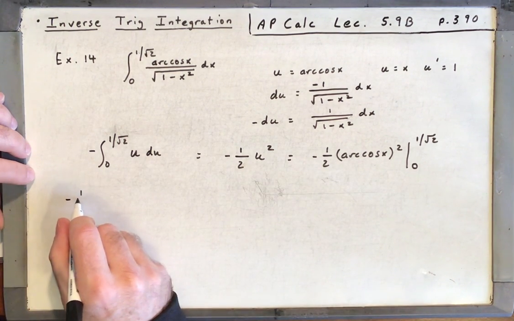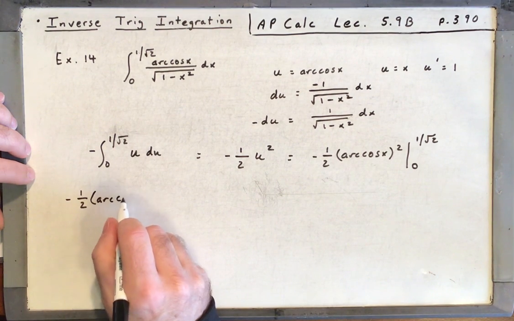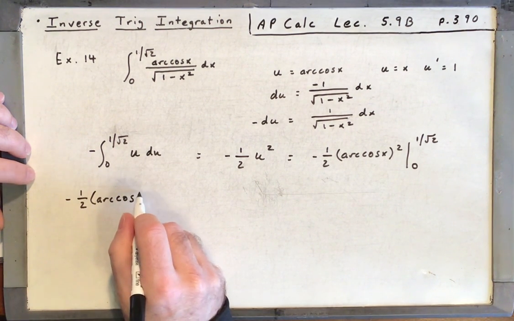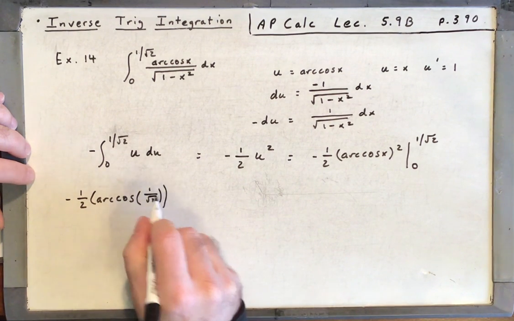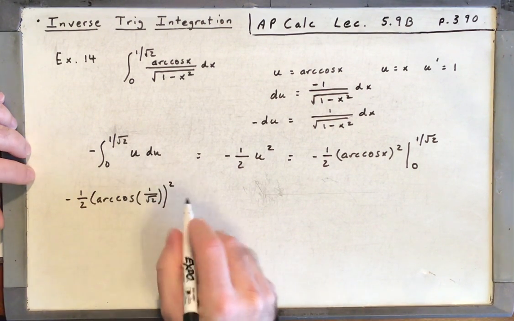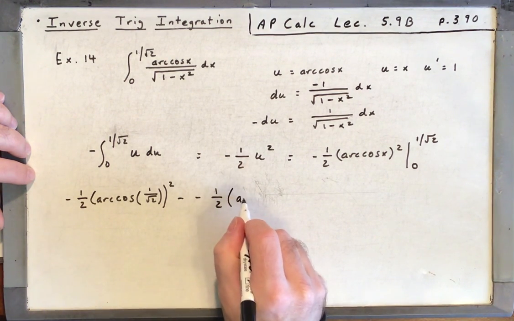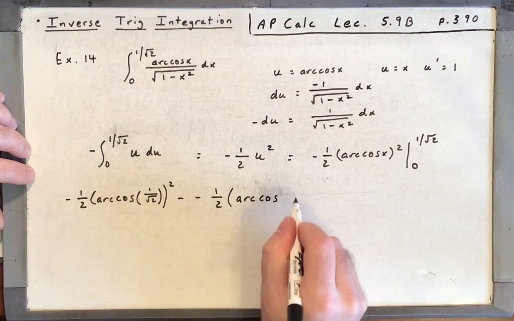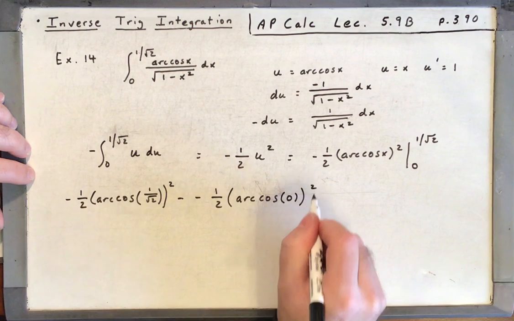So that's minus 1/2 arc cosine of 1 over root 2. Remember, that's the same as root 2 over 2, all squared, minus negative 1/2 arc cosine of 0, all squared.